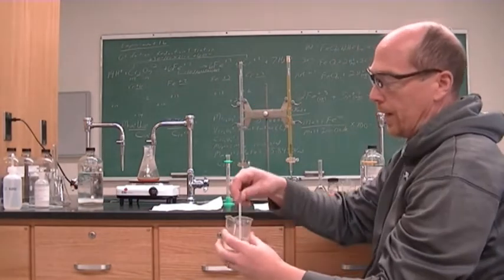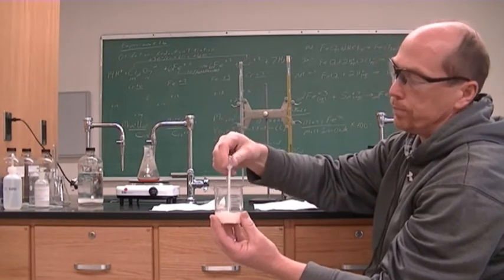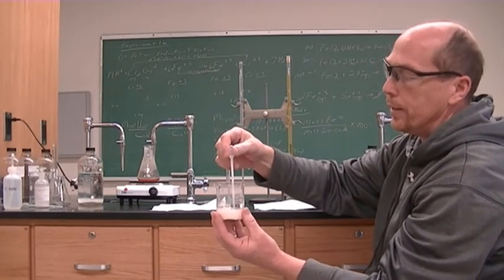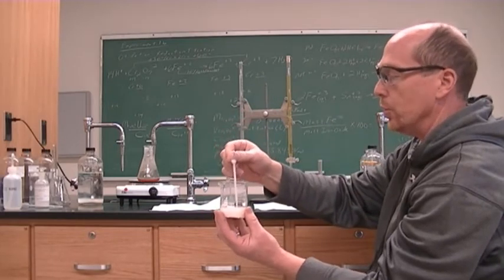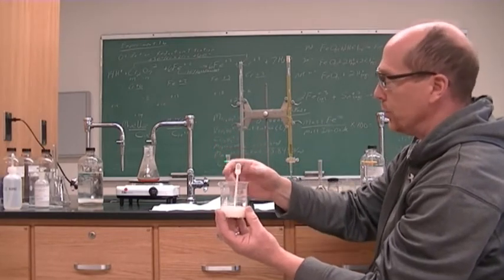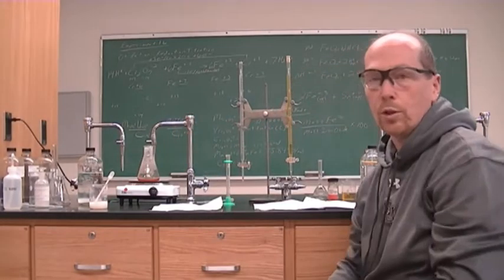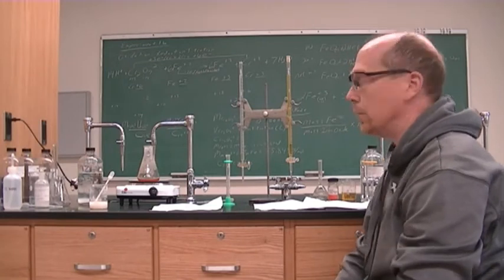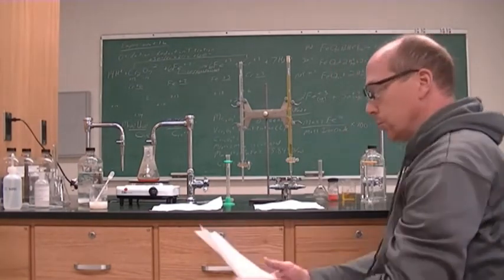So here we have our solution of stannous chloride, SnCl2, and I'm going to add that to the solution once that dissolves until it turns into a colorless or a light green solution.